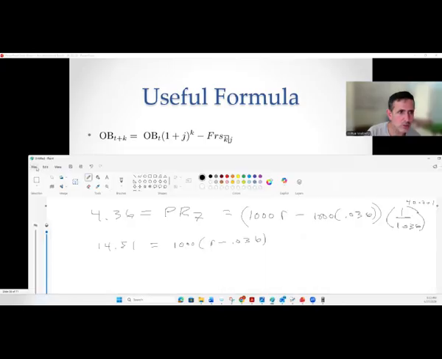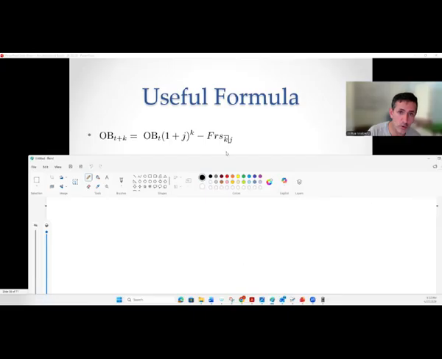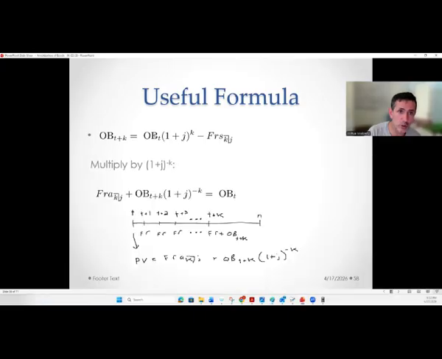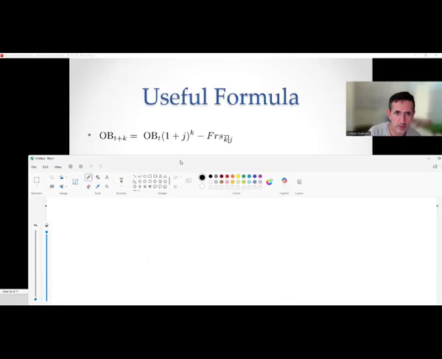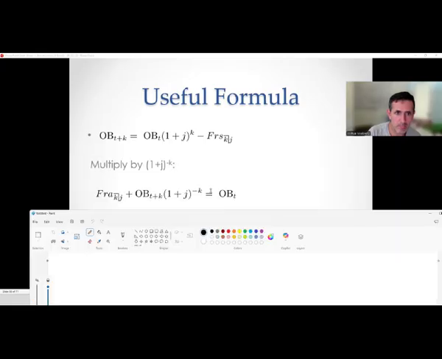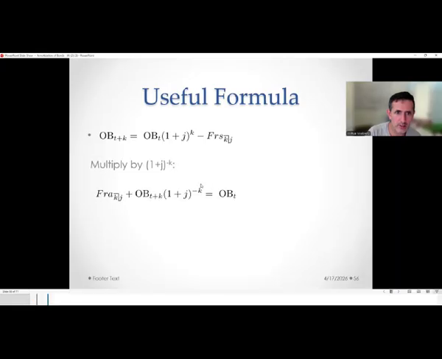Okay, so right now I'm not going to use the outstanding balance formula from before, the explicit formula. I'm going to use this recursive form here. I'll go back to that in a second.